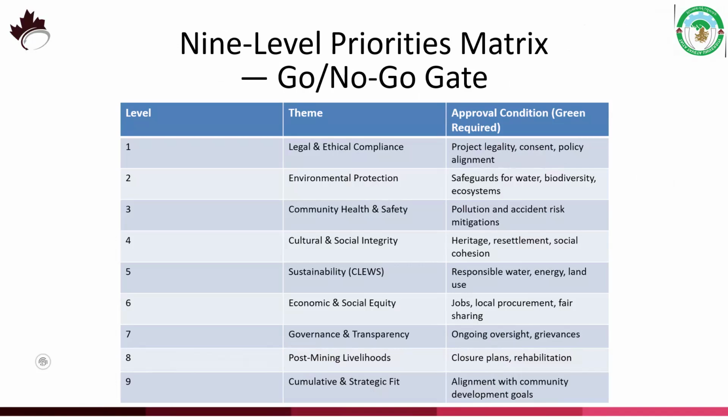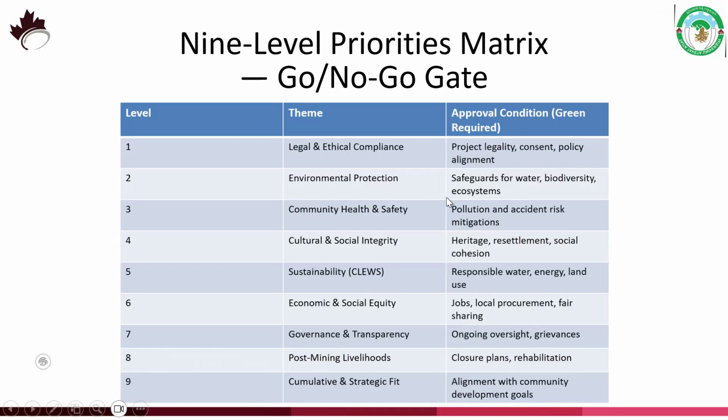This leads to this 9-level priorities matrix. So basically, we start at the top and we have the legal and ethical compliance, and that involves project legality, consent, policy alignment.